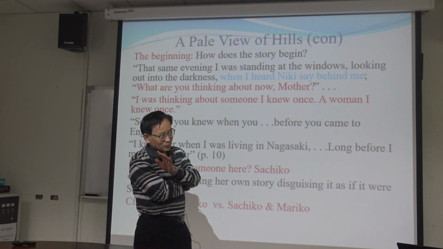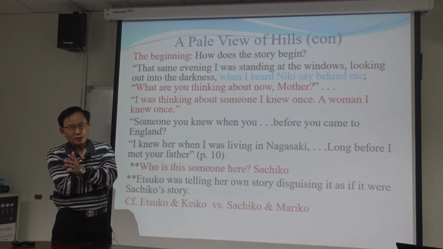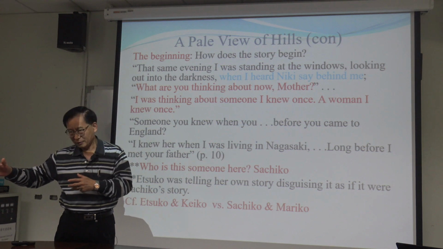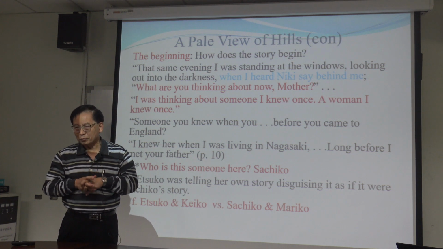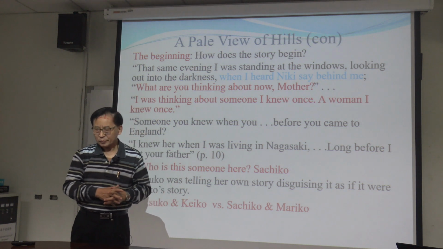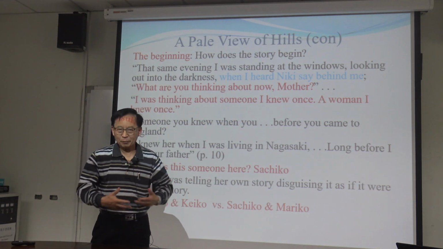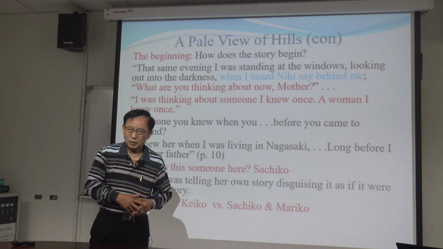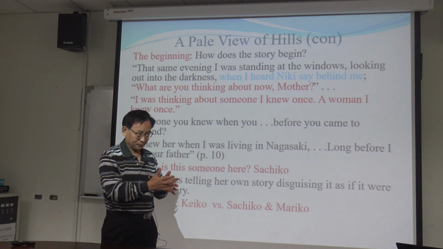I think one interesting point is the daughter doesn't know what happened to the mother in the past. Etsuko is a woman moving from Japan to England because she had a second marriage. And the second husband happened to be a British gentleman. So when she remarried, she had to move from Japan to England.